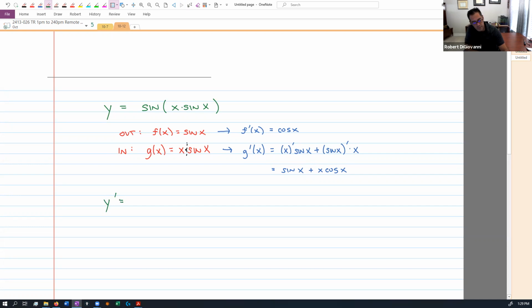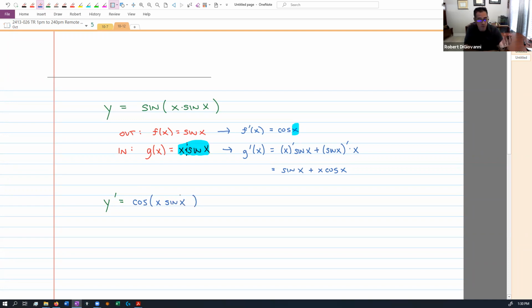Y prime. All right, so I need to look at the derivative up there, which is cosine. I need to replace that x in the derivative with g, which is this. So that's going to look like cosine, and inside of it will be x sine x.